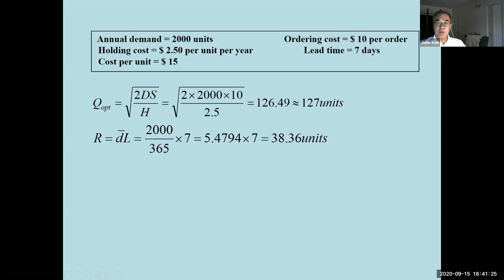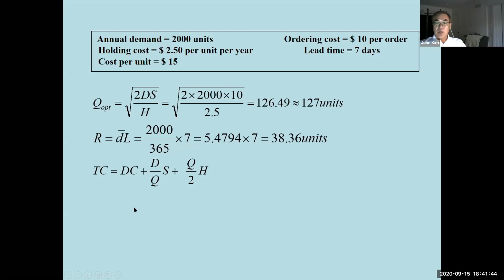And then total cost, annual total cost equals annual purchasing cost, annual order cost, and annual inventory or holding cost.